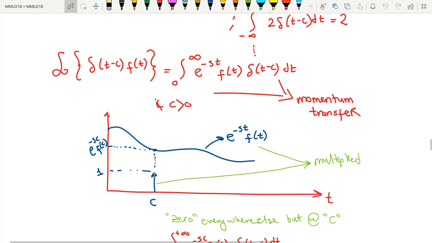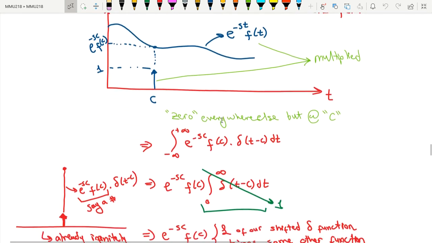Only at that point where I put the impulse is it going to be 1. And when it's multiplied by my function, I'm just going to plug in the point c. So e to the minus sc times f of c.